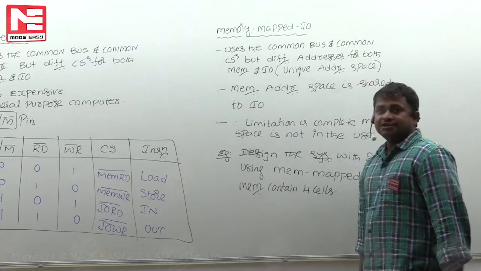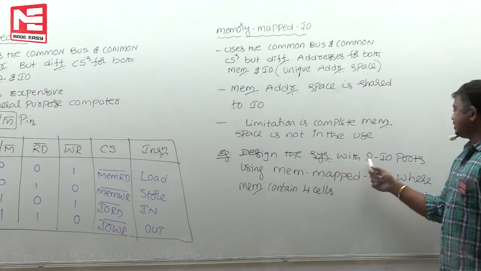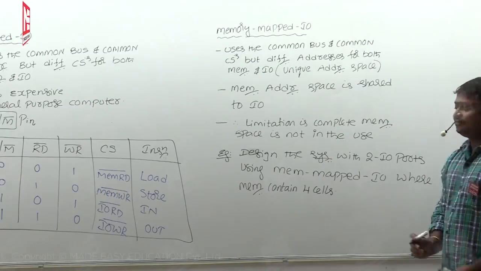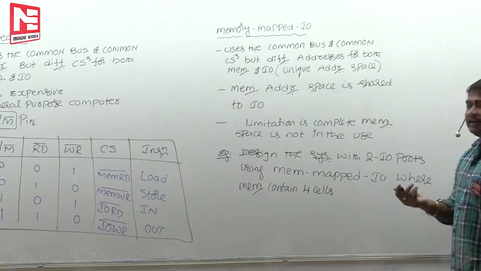Suppose this is the statement: design the system with 2 IO ports using memory mapped IO where memory contains 4 cells. Okay. Then how to design?